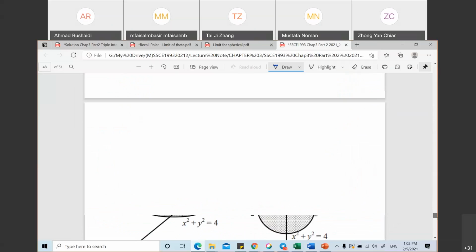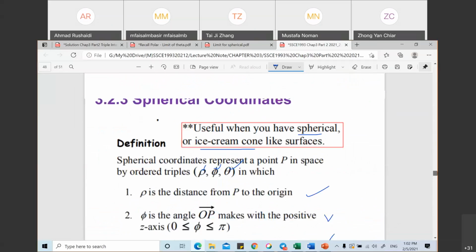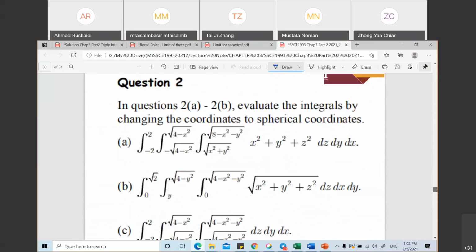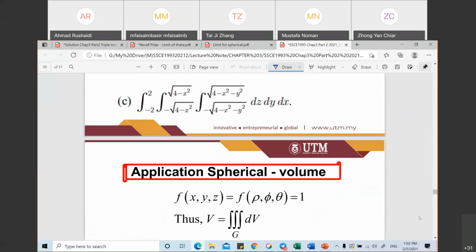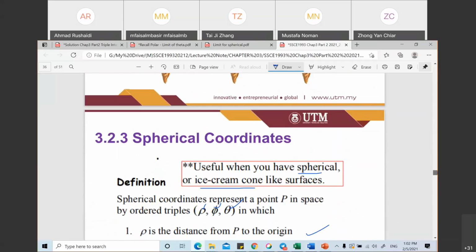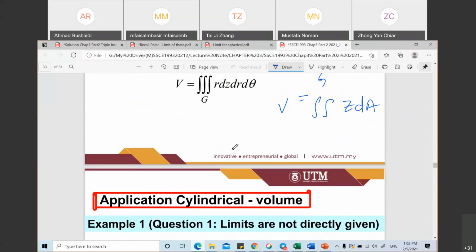So okay, any question for spherical? I will stop here and try to revise. See some YouTube or internet to study about the spherical and the cylindrical. So assalamualaikum and good evening. Waalaikumsalam.